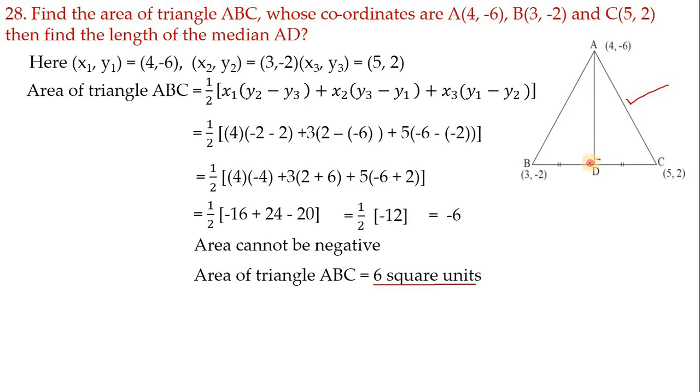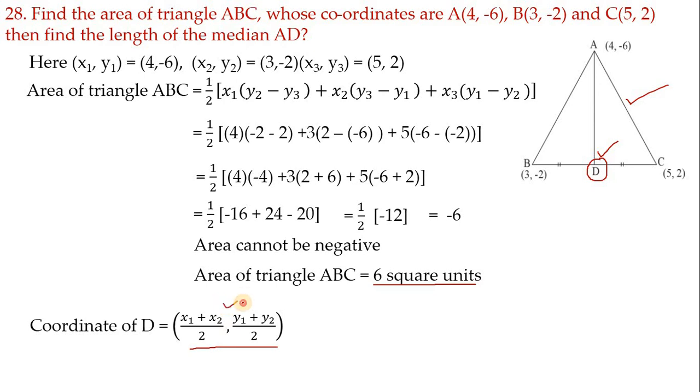Now we have to find the coordinates of D. To find the coordinates of D, we have to use the section formula, and in the section formula use the midpoint case, because D is the midpoint. This is the section formula when the point is the midpoint, I mean the point which is dividing a line segment into two equal parts.